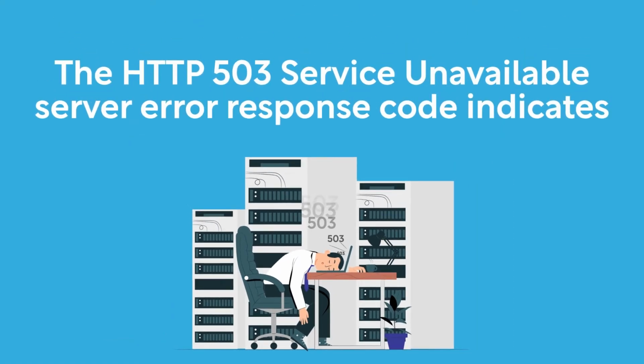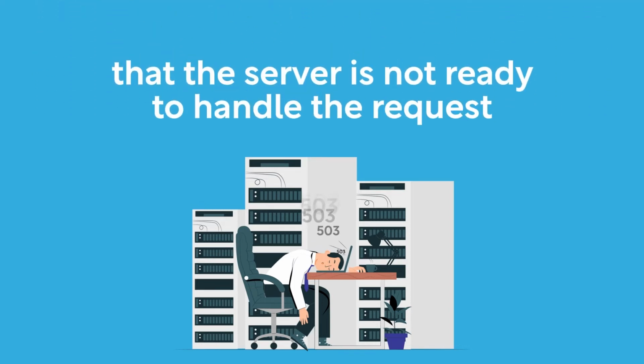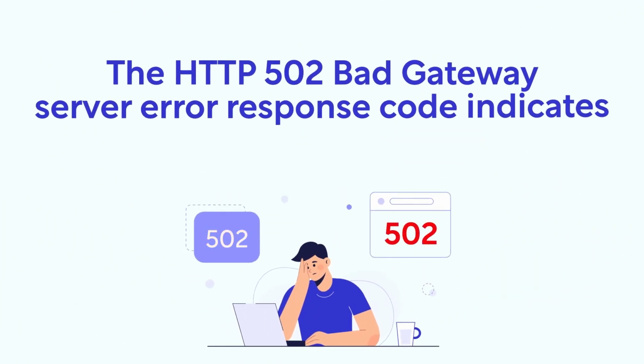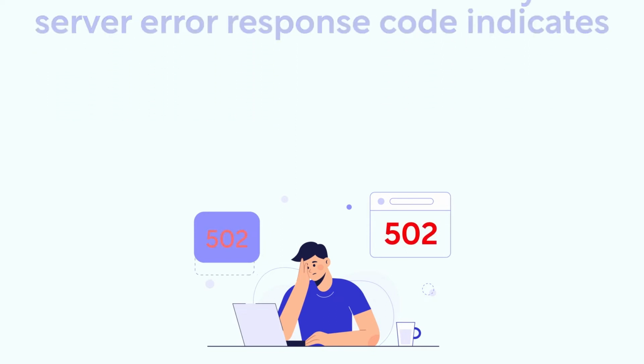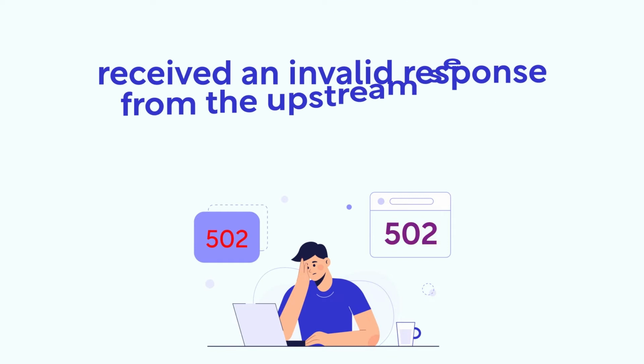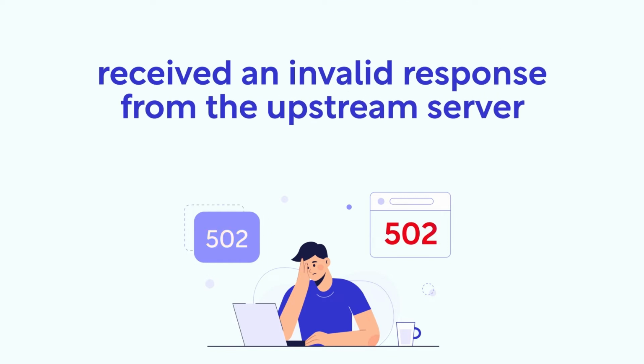The HTTP 503 service unavailable server error response code indicates that the server is not ready to handle the request. The HTTP 502 bad gateway server error response code indicates that the server, while acting as a gateway or proxy, received an invalid response from the upstream server.